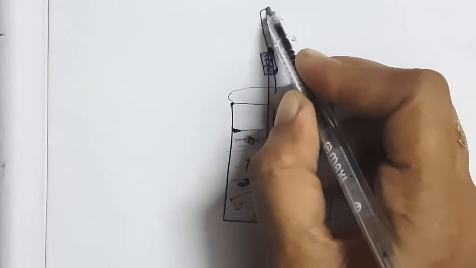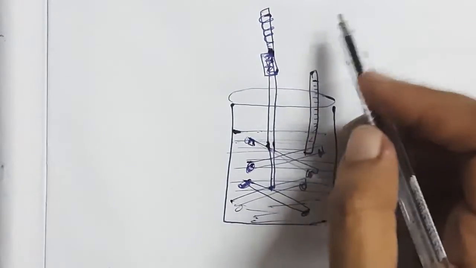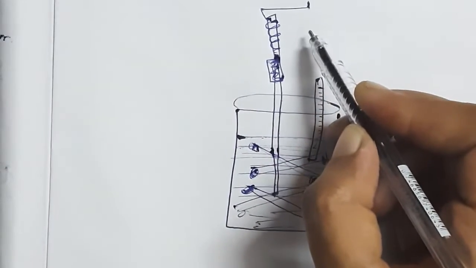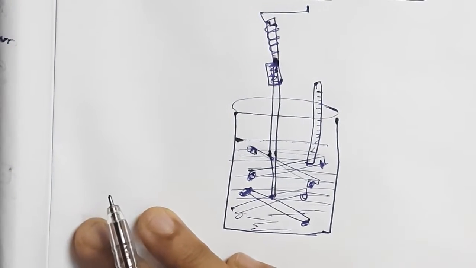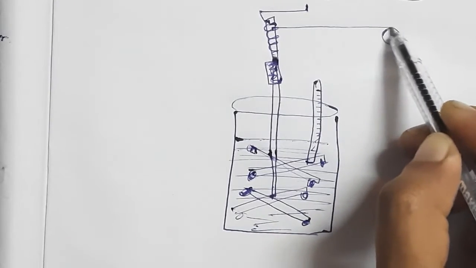It is connected here to a spring, and at the top of the spring there is a handle. The masses will be connected by means of a pulley.